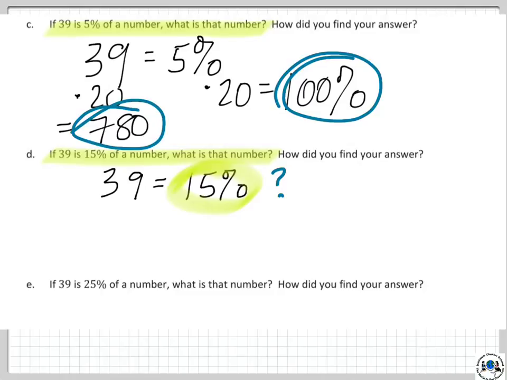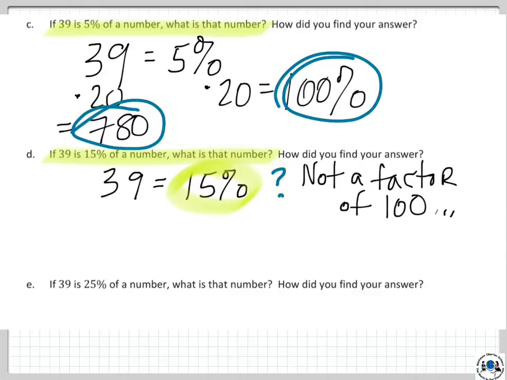Well, 15% isn't as nice and gentle as 5% was, or 10%, or 1%, because it itself is not a factor of 100. That makes it a little bit trickier. But it has a factor that is a factor of 100.